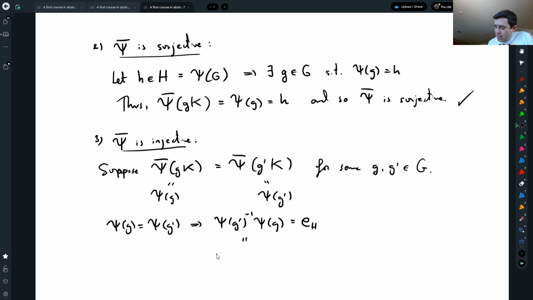So this is the same as psi of G prime inverse times psi of G, which by the group homomorphism properties is psi of G prime inverse G.